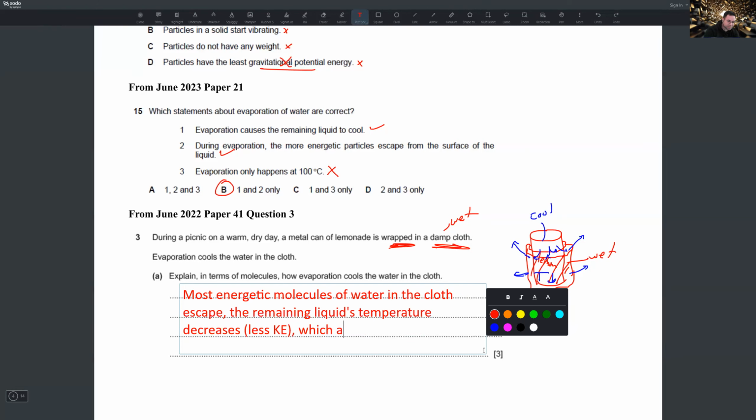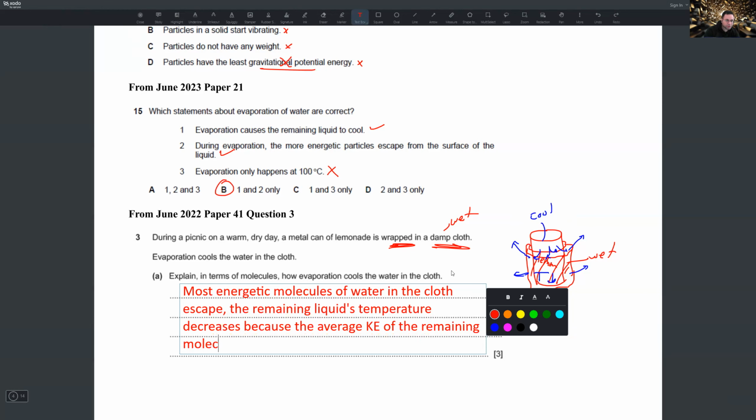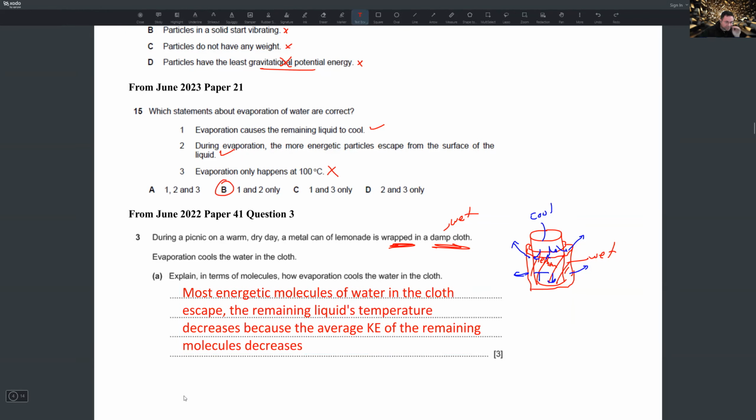But do I need to mention that? No, stop right here. He didn't ask for the lemonade. He asked for how the evaporation cools the water in the cloth. So that's what we say. The remaining liquid temperature decreases because the average kinetic energy of the remaining molecules decreases. I mentioned three things here.